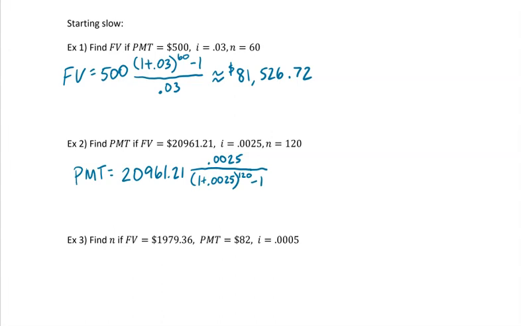Again, just like FV, if you're doing this on an older calculator, what I would recommend is doing it kind of in the same order. Get the bottom first, then take 0.0025 divided by that answer, and then multiply it by the 20,961 at the very end.